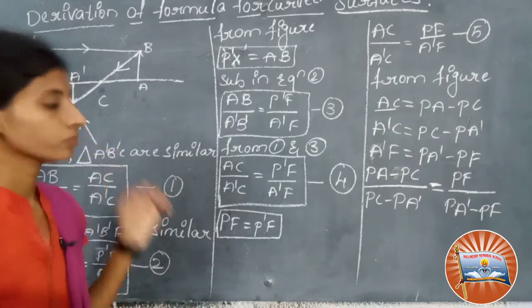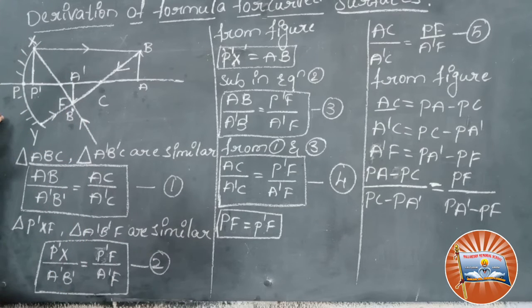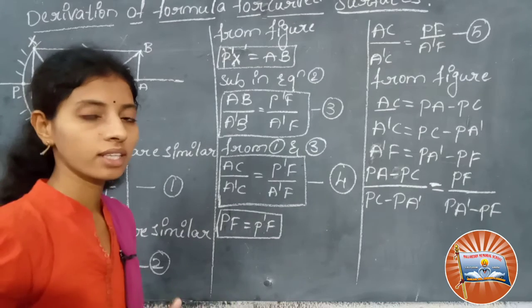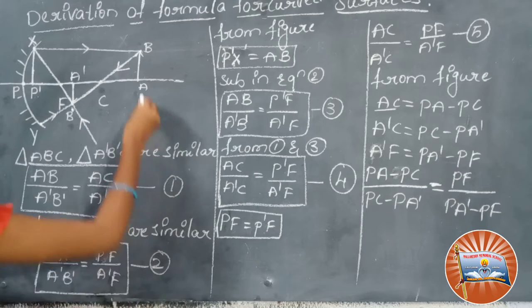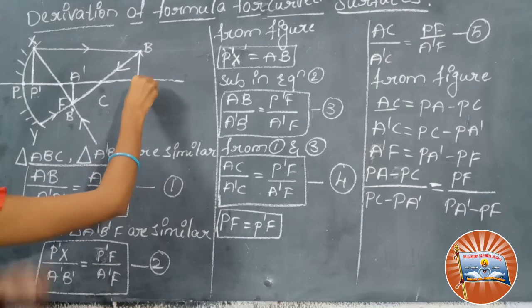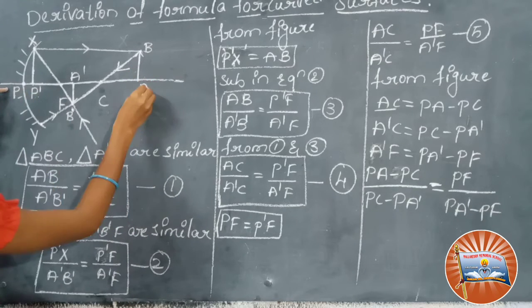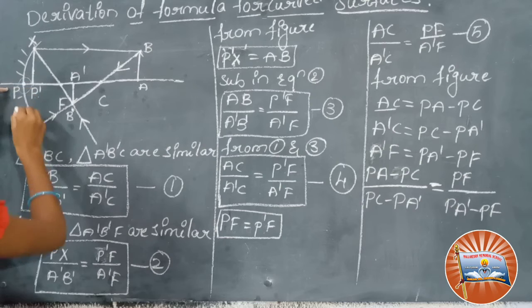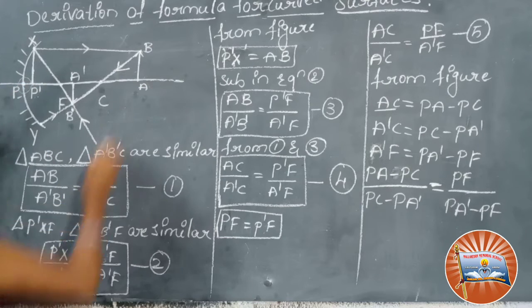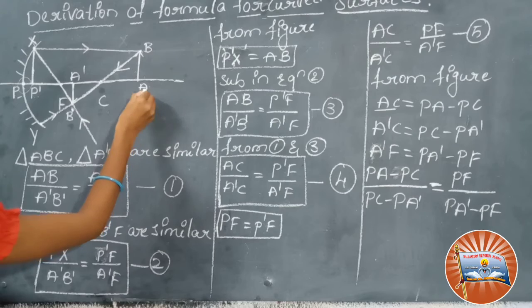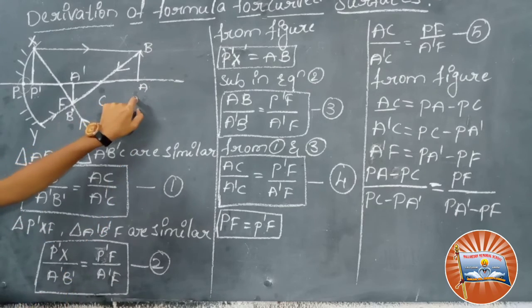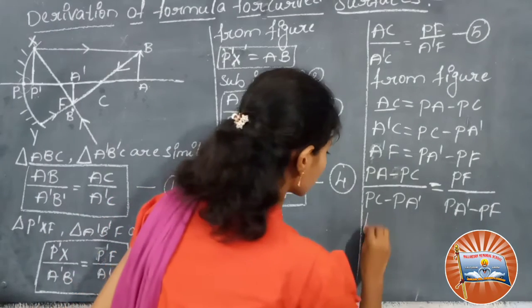Now see here, from the pole, the distance where we kept the object is known as object distance. Here the object is AB. From the figure, the distance from the pole to the object is known as object distance. So PA is the object distance.